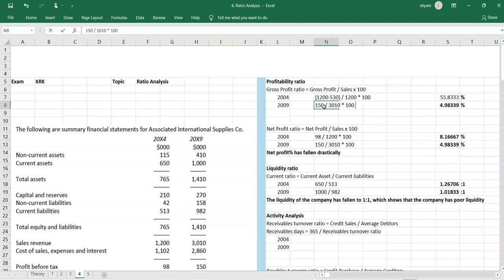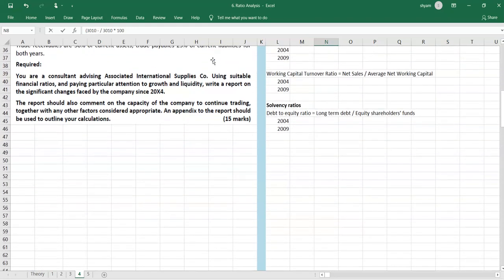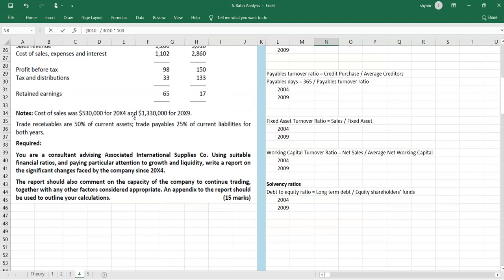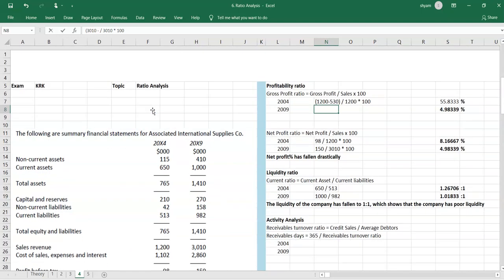So we can also find out for this. Cost of sales is again 1330.